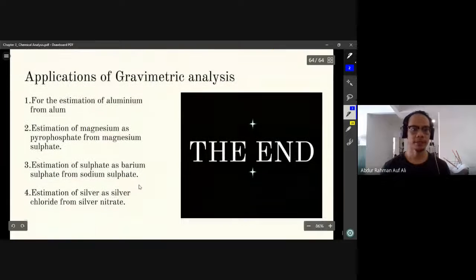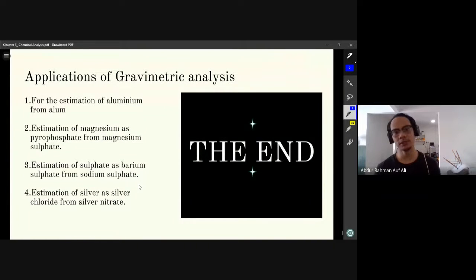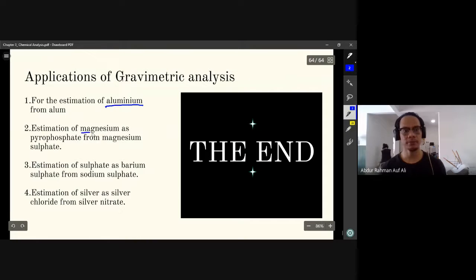So the applications of gravimetric analysis is to estimate these things. Kita nak tengok the amount of aluminium, kita nak estimate the amount of magnesium, kita nak estimate the amount of sulfate ataupun silver. So if you notice, all these things adalah metal.